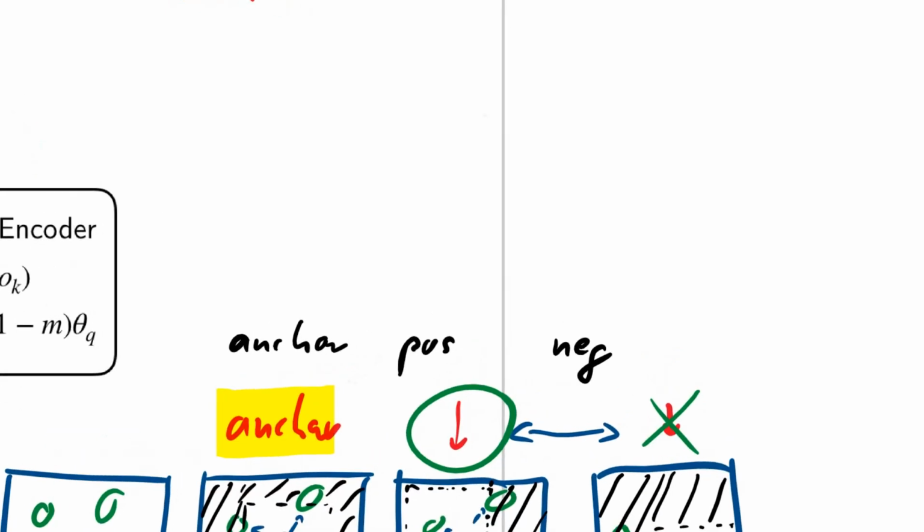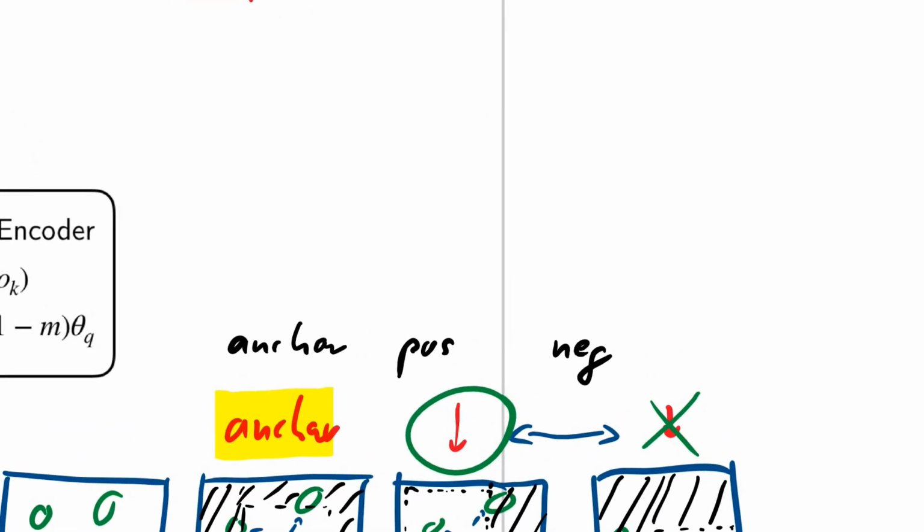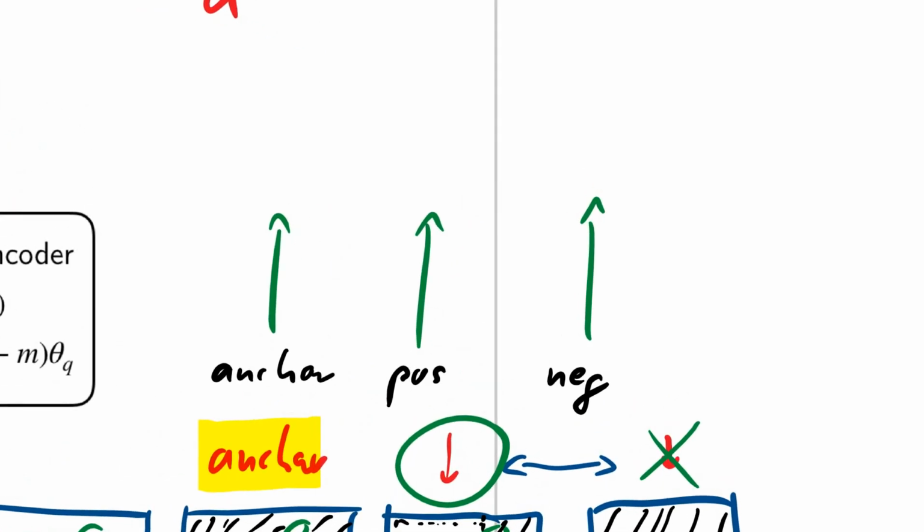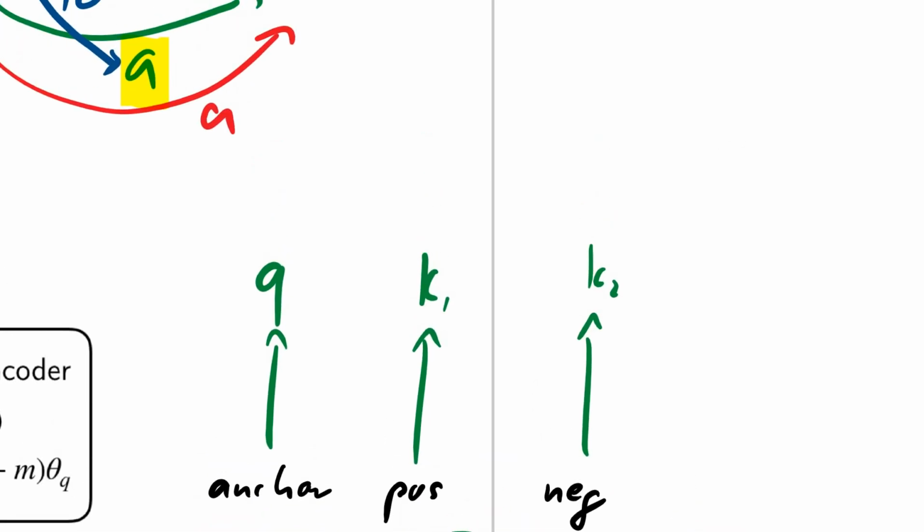So the anchor, you're going to encode all of these things using a neural network. And then this is what's going to become the query, and these are becoming the keys, so key 1 or key 2. And then you're going to feed always two of them into a bilinear product.